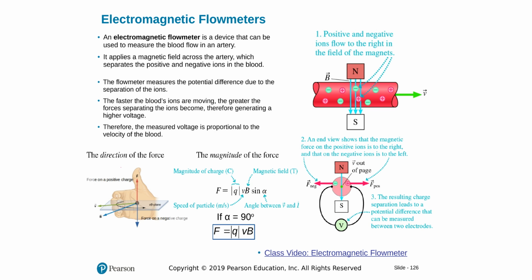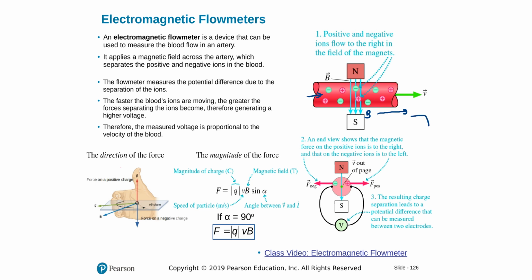There are also electromagnetic flow meters that are used to separate charges. As blood flows, there are charges inside it, positive and negative. If we apply a magnetic field in this fashion, for example, magnetic field is down, speed is to the right, I put my hand along the speed and curve my fingers down.